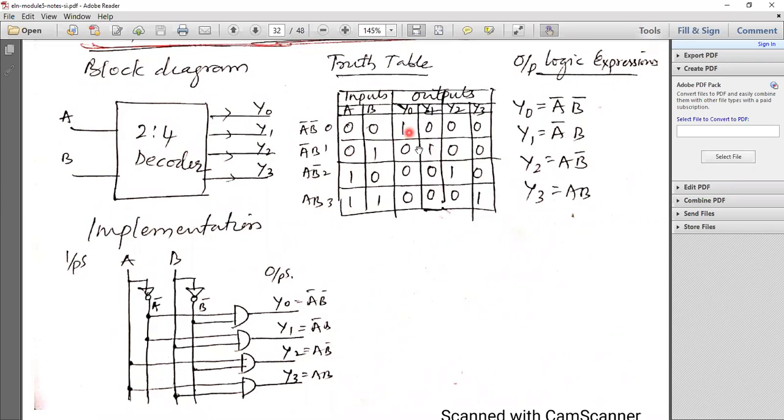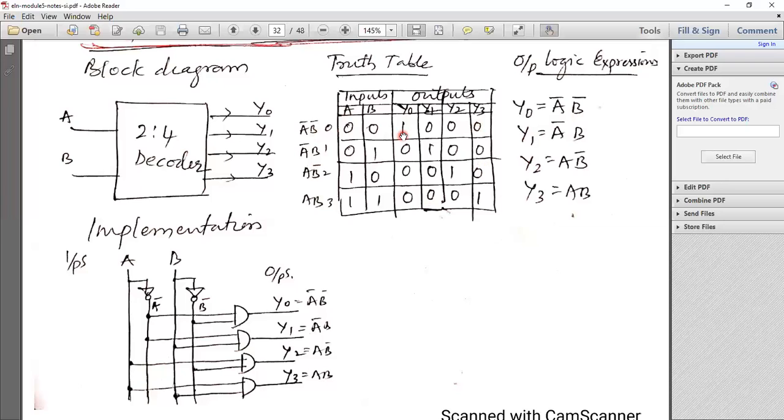So among Y0, Y1, Y2 and Y3, only one output will be active according to the combination of A and B, the 4 possible combinations of input. This is how we derive the outputs Y0, Y1, Y2 and Y3.